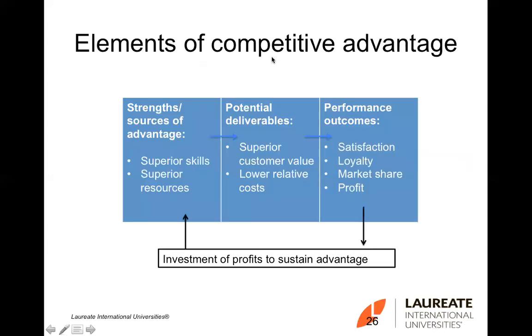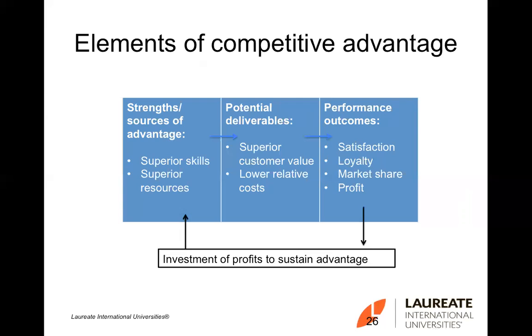This one here shows us a bit of a link between the strengths, sources of advantage, potential deliverables, and also the performance outcomes. It shows us a bit of logic in terms of what the strengths do for our business. So when we claim something is an asset, it has to perform something for us.